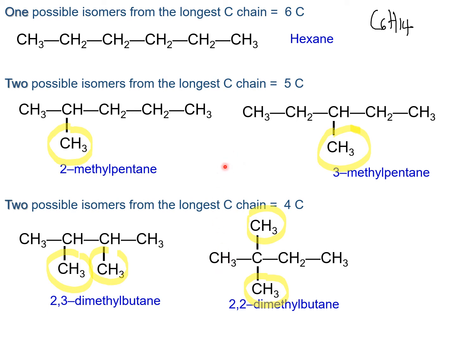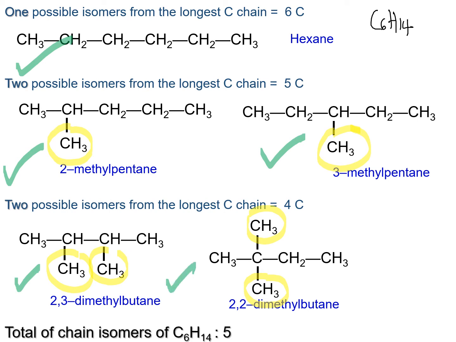So kat sini, C6H14 ni dia ada berapa possible isomers? Ada 1, 2, 3, 4, 5. Okay? So the total of chain isomers C6H14 ni ada 5.